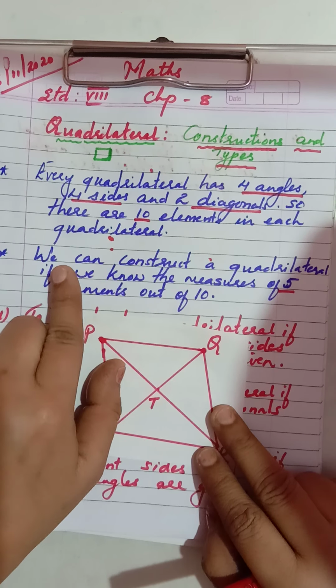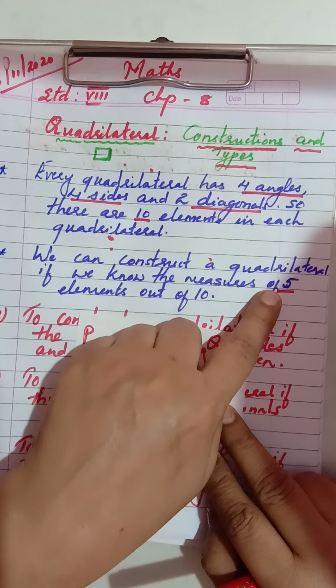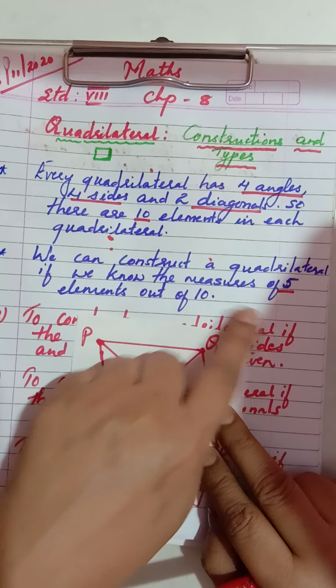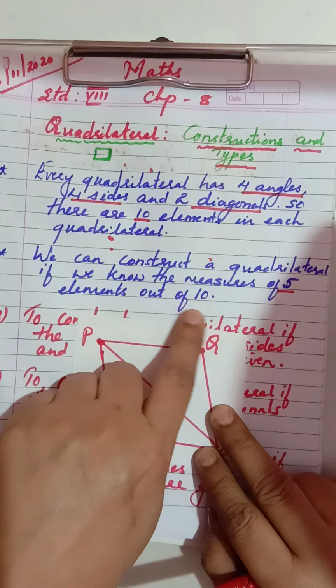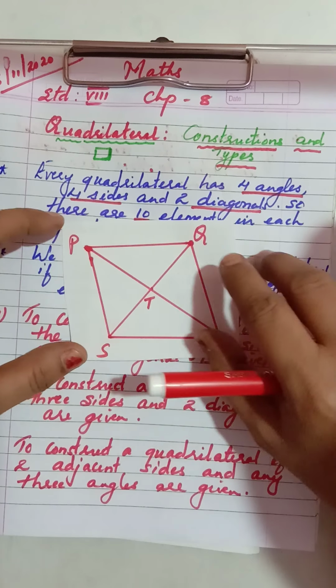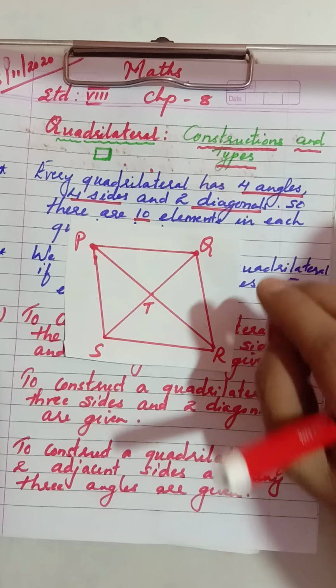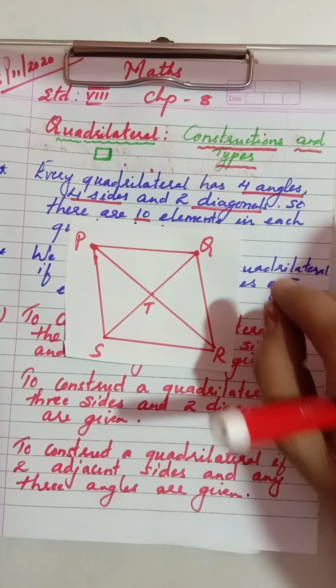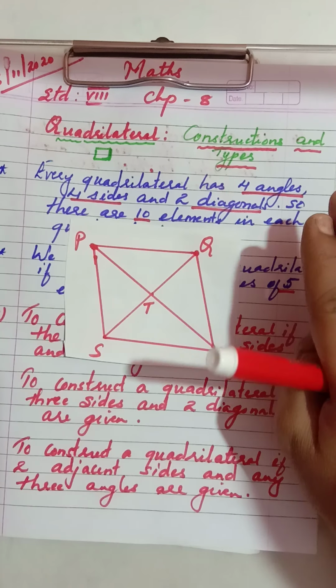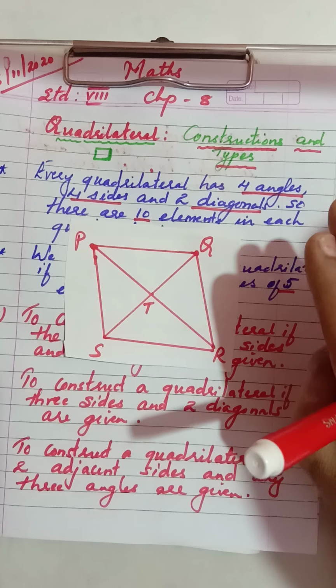The next point says that we can construct a quadrilateral if we know the measures of 5 elements out of 10. That means a quadrilateral has 10 elements, but if you know any 5 of them, then you can construct it.